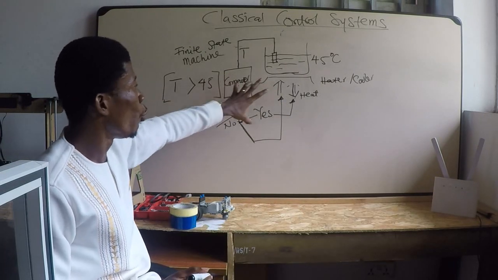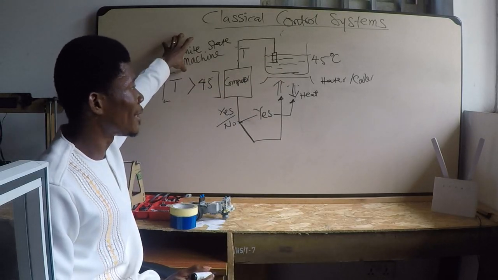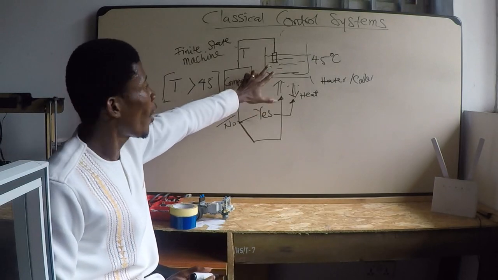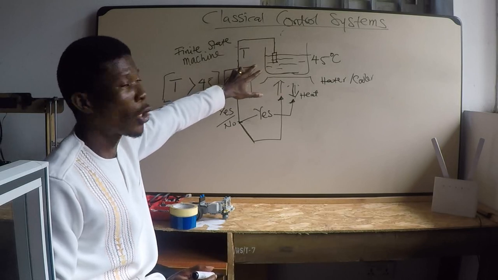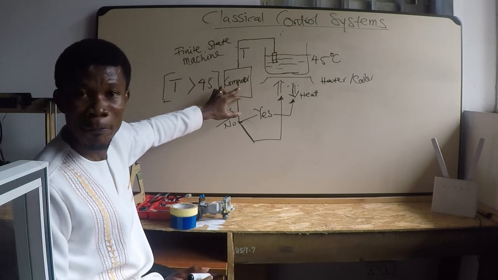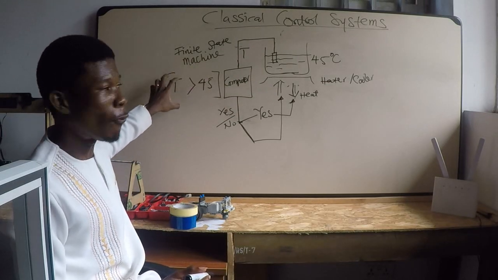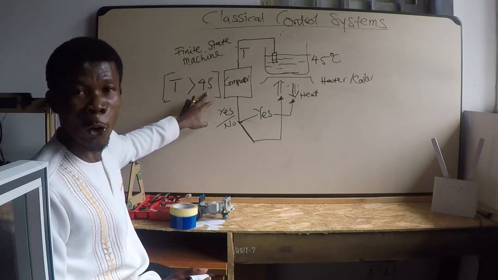So out of this, we want to design a system which we call a finite state machine. What we have designed here is a finite state machine where a temperature sensor takes temperature readings from a bowl of chocolate and feeds that temperature into a computer. The computer performs this processing logic of comparing if T, that's the temperature, is greater than 45 or not.